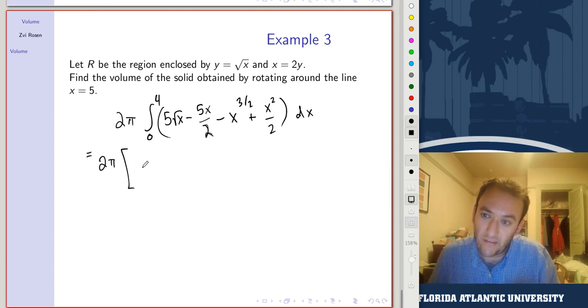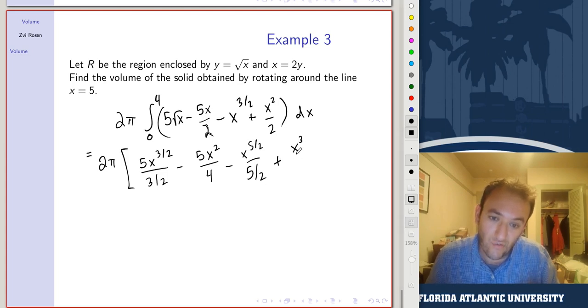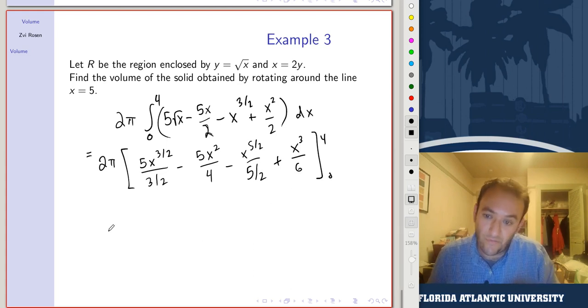So we'll get 5x to the 3 halves divided by 3 halves minus 5x squared over 4 minus x to the 5 halves divided by 5 halves plus x cubed over 6, all evaluated from 0 to 4.